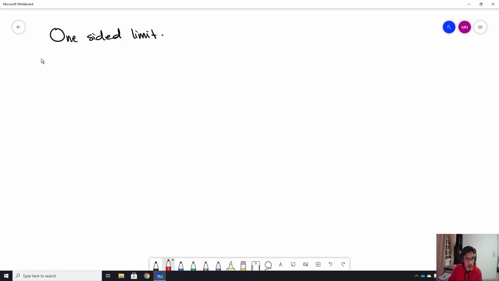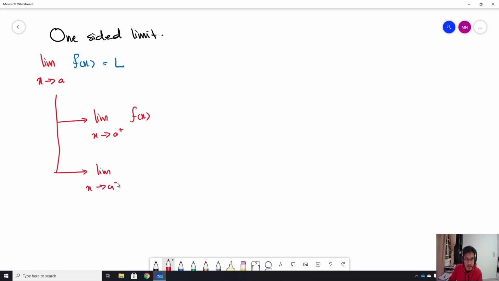Let's say we have the limit as x is approaching a of f(x) equal to L. It can be divided into two types of limit, which is first, the limit as x is approaching a from the right of f(x), and the limit as x is approaching a from the left.